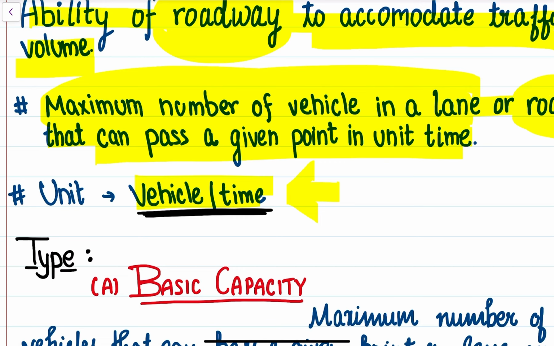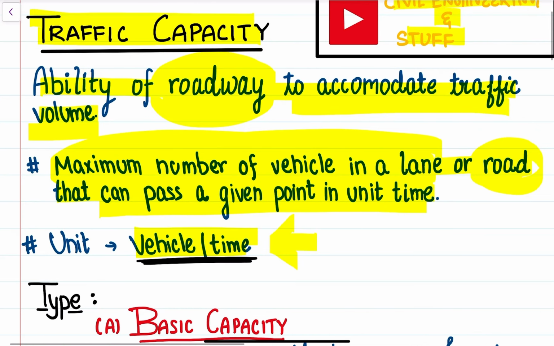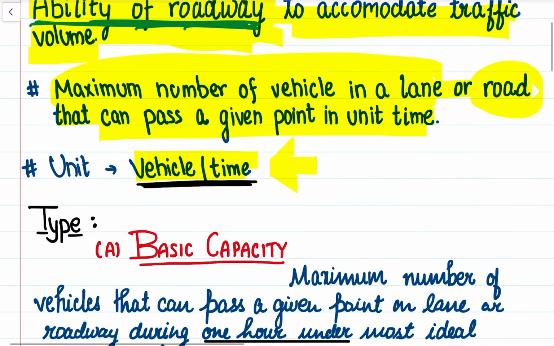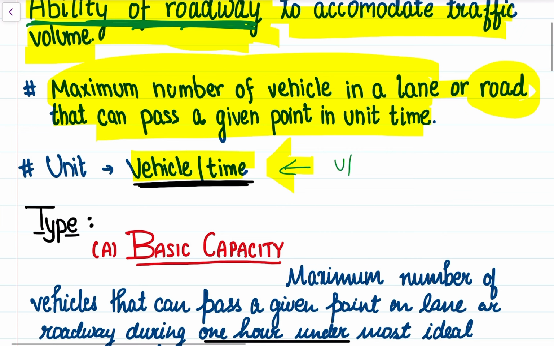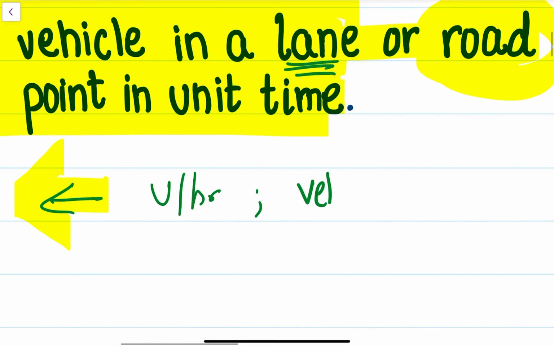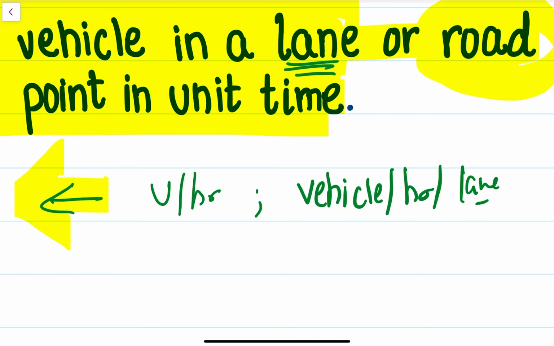But the difference is that here we are looking at the serviceability or the ability of the road. How much traffic volume can pass through the roadway. So this is the traffic capacity. The unit is vehicles per unit time, represented as vehicles per hour. If you are looking at a specific lane, then the unit will be vehicles per hour per lane.